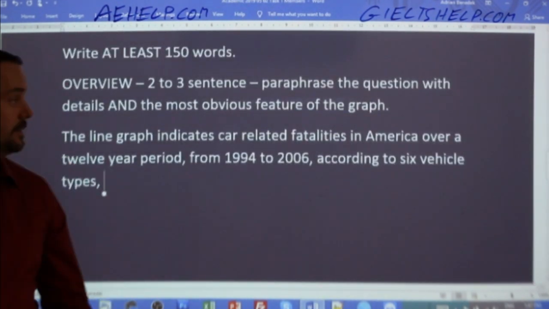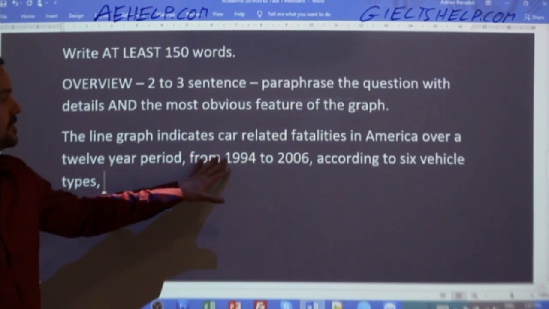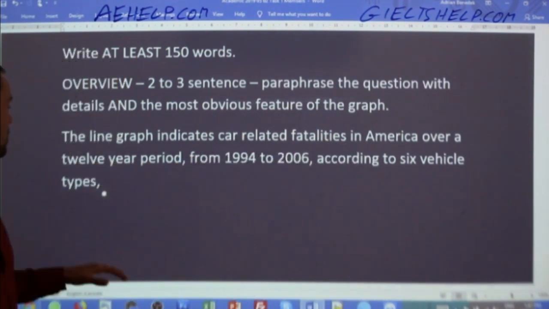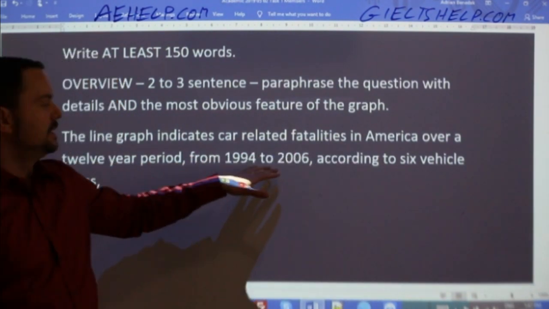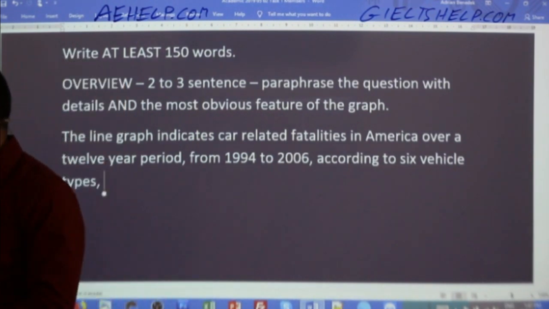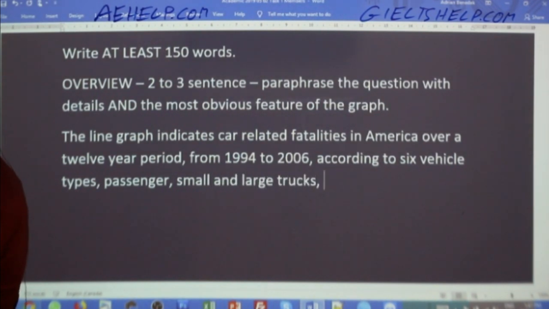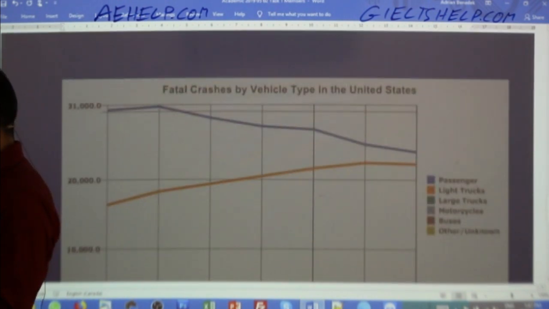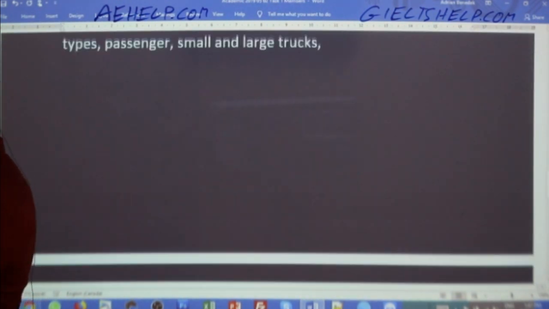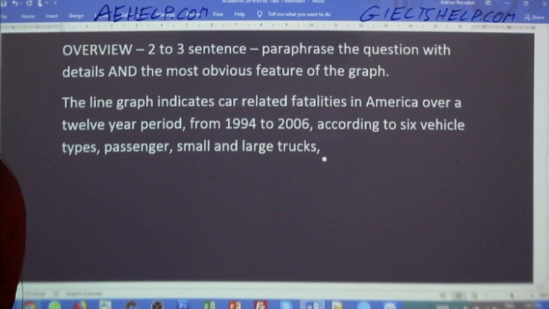Here's my start. The line graph indicates car-related fatalities in America over a 12-year period from 1994 to 2006, according to 6 vehicle types: passenger, small and large trucks. So that's another way to do it, is you can actually list the type of vehicles. I know that's a little bit tougher for you to see. Motorcycles, buses, and other.